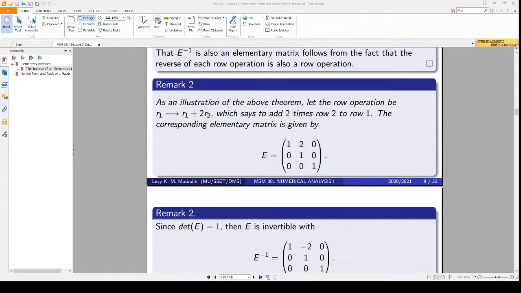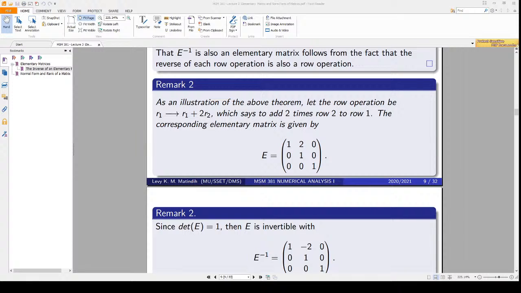Let the row operation be row 1 transformed to row 1 plus 2 times row 2, which says to add 2 times row 2 to row 1. The corresponding elementary matrix is given by this operation applied on a 3 by 3 identity matrix. When we apply this operation, we are going to get an elementary matrix of this nature.